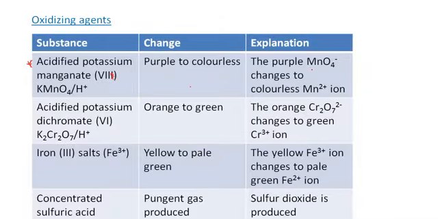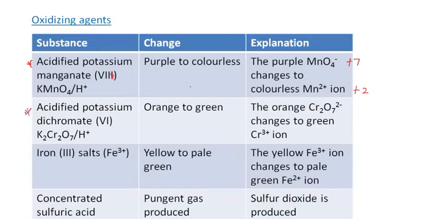Now you need to understand the explanation as well. The MnO4- ion changes from oxidation state +7 to Mn2+. So it goes from oxidation state +7 to +2. The +7 oxidation state is purple and the +2 oxidation state is colorless. So that is why we are getting a purple to colorless color change.